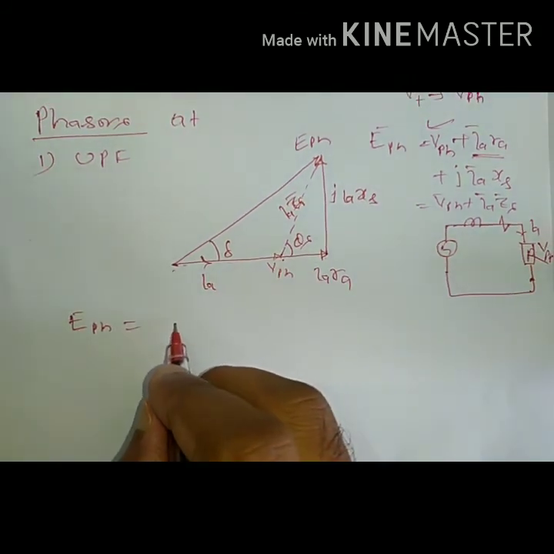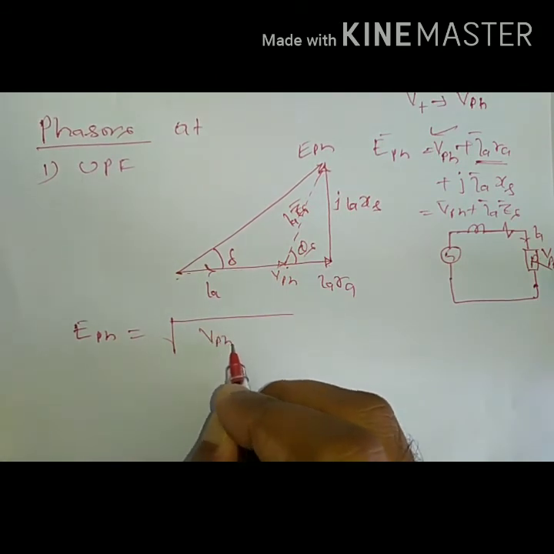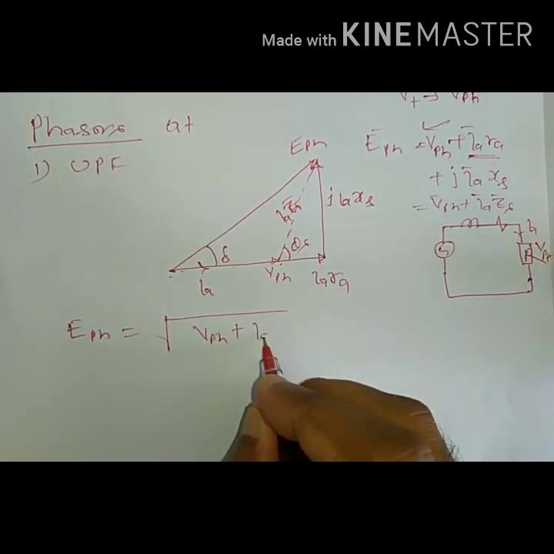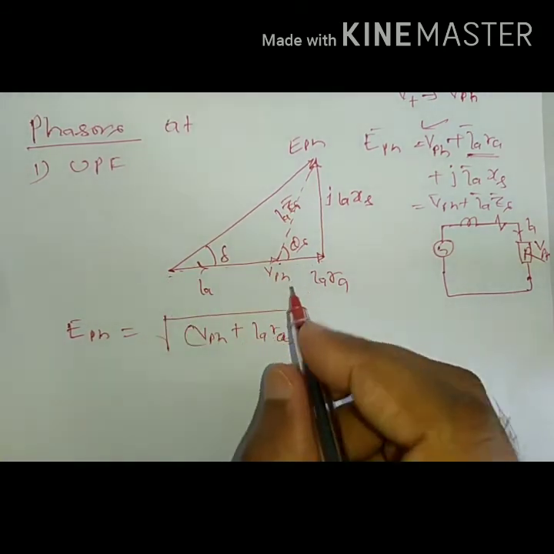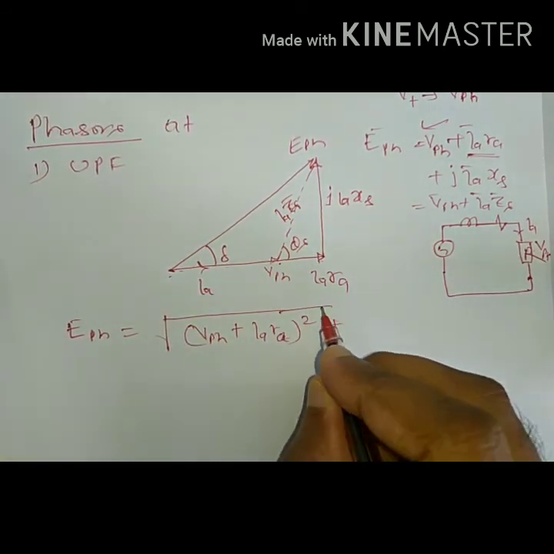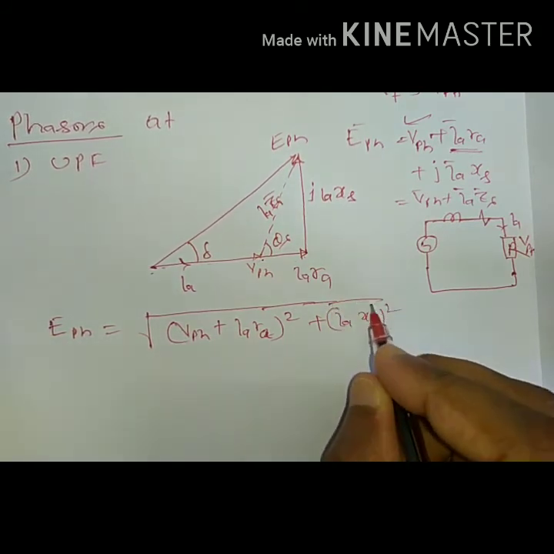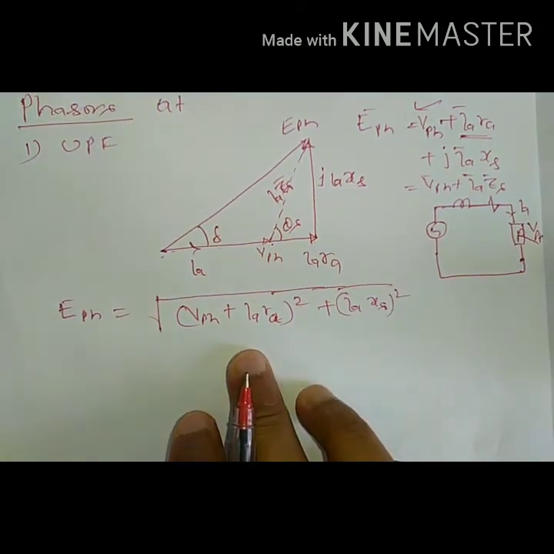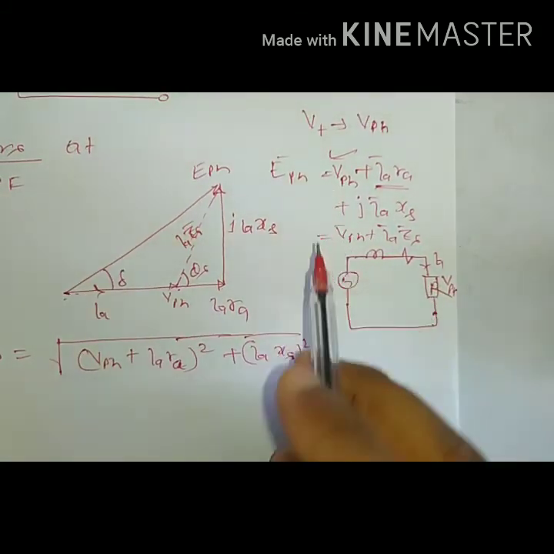So it will be the square root of (VPH plus IaRa, the total length of the base) whole squared plus (the perpendicular length, IaXS) whole squared. So in terms of magnitude we can calculate like this, and for solving numericals we can use this also.